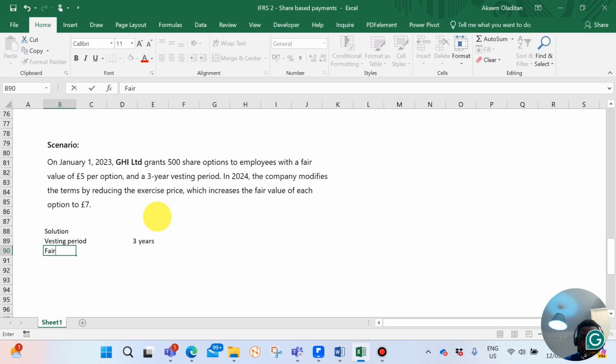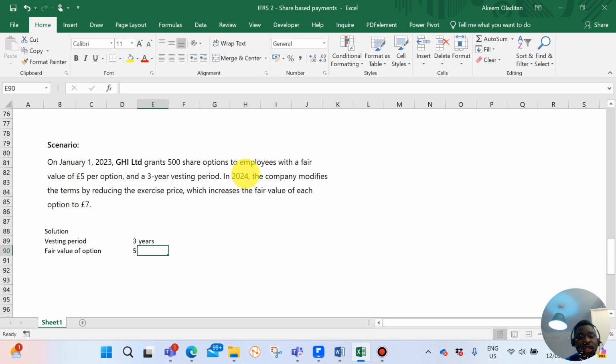Fair value of option. Fair value of option is £5. That is really important at the grant date. That is the fair value at the grant date. So we need to know that for sure it is at the grant date.